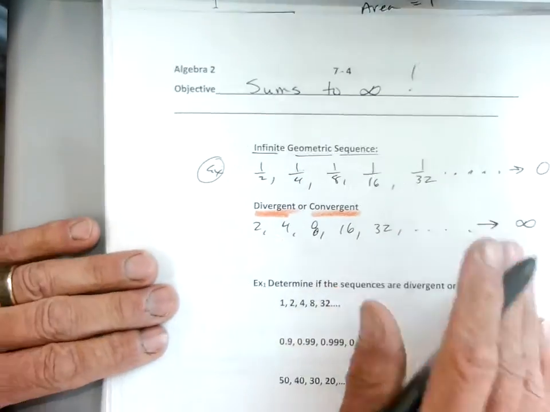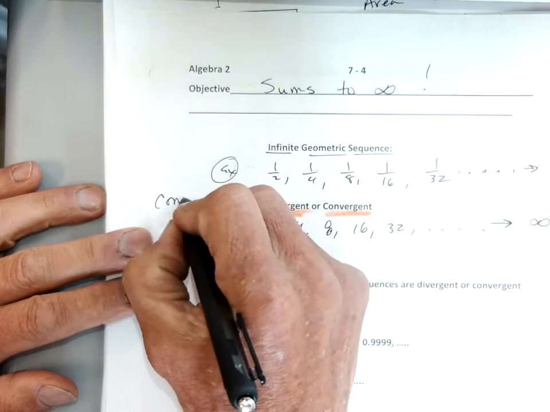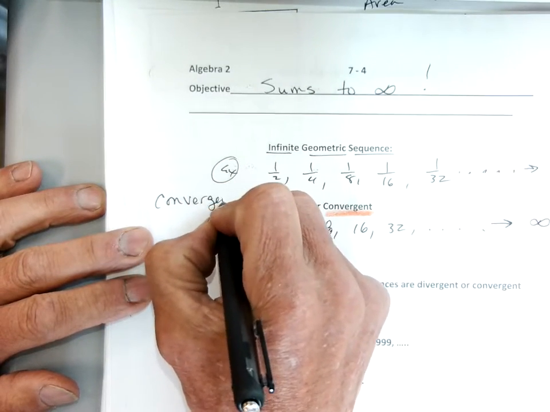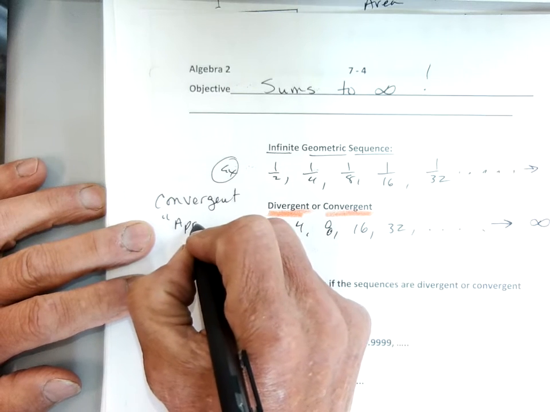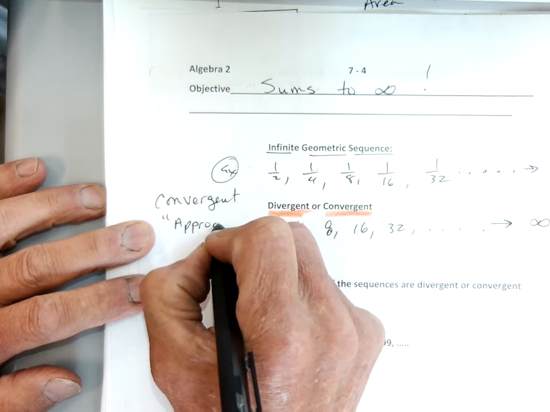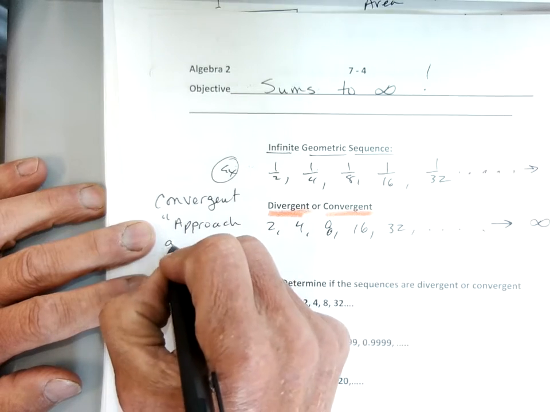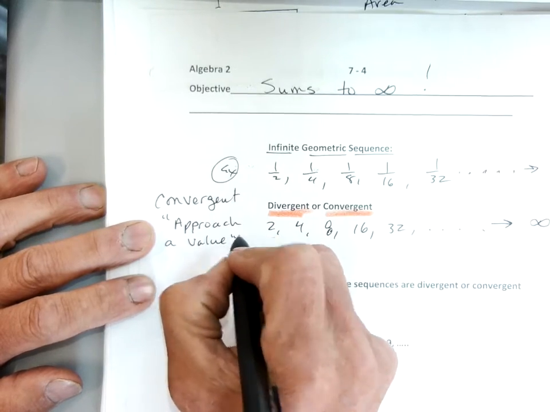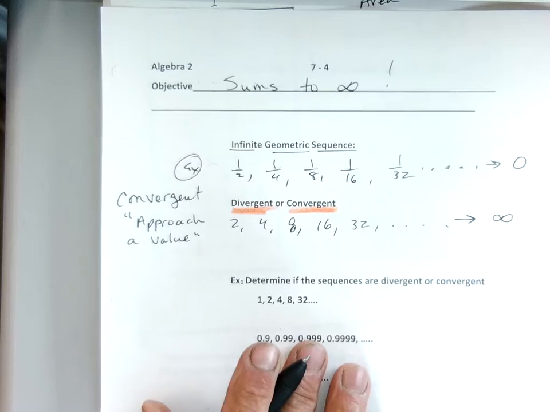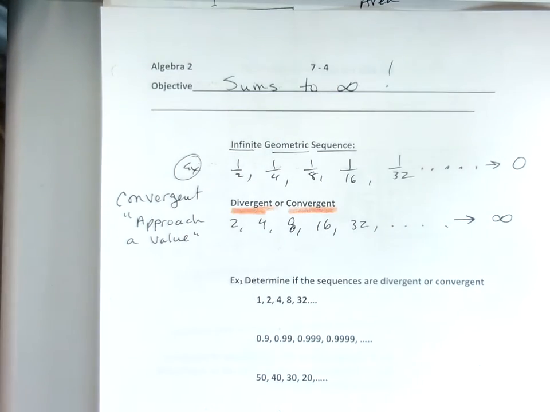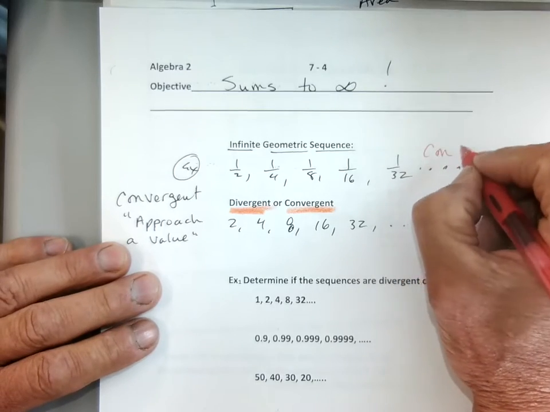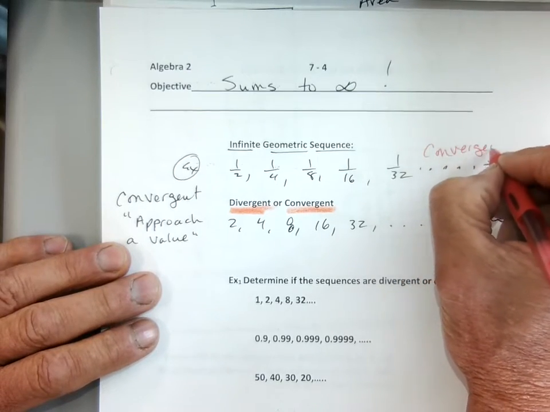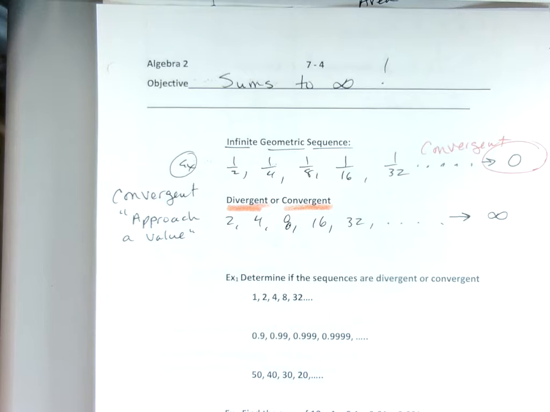Convergent will approach a number, approach a value. This one, the first one, is convergent because it's going to 0.